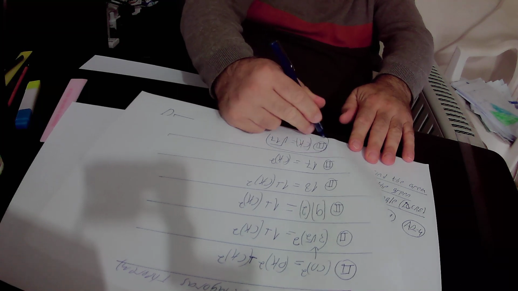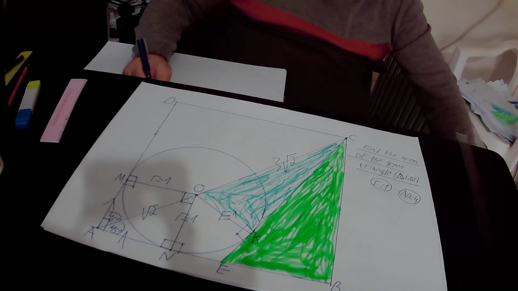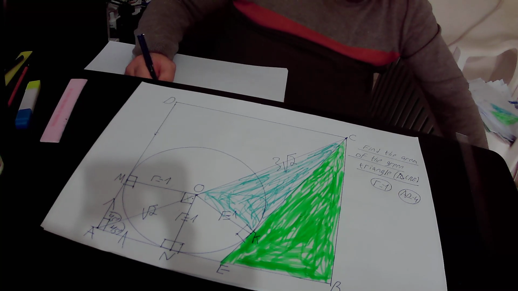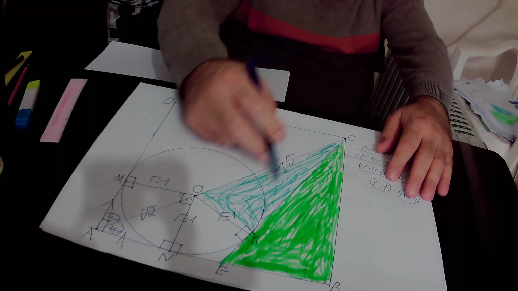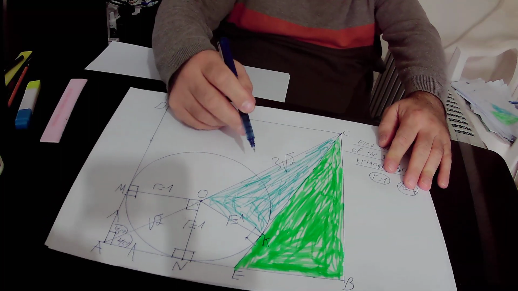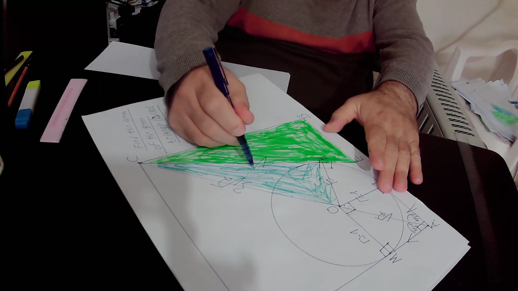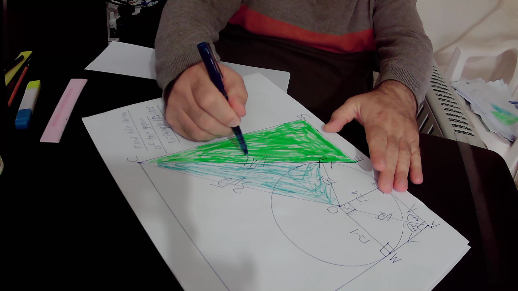So we can write here that CK, this side of the blue right triangle, equals square root of 17 units.